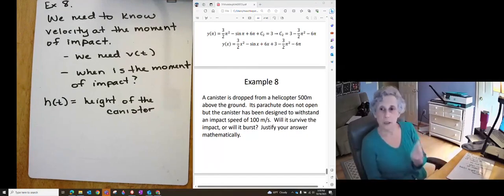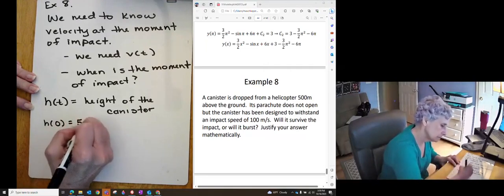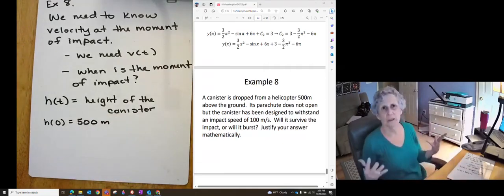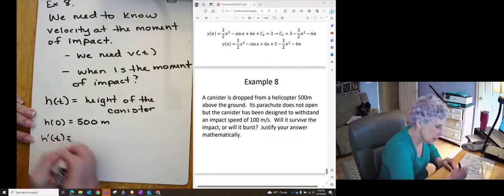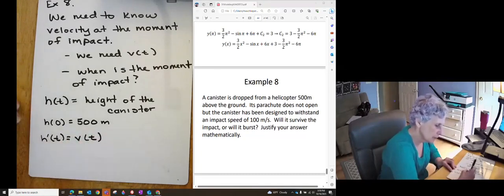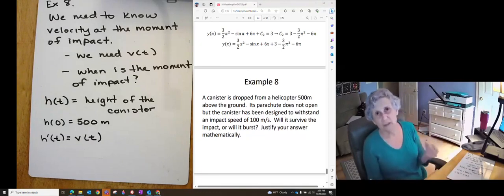So, what do we know about the height of the canister? Well, we know at time 0 it is 500 meters. Do we know anything about h primed? Remember, h primed would be equal to the velocity of the canister. Well, we need a function for that.